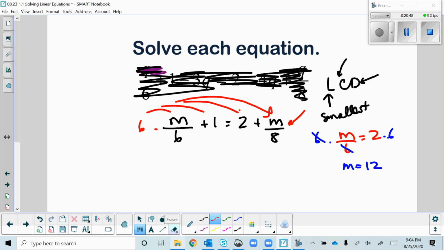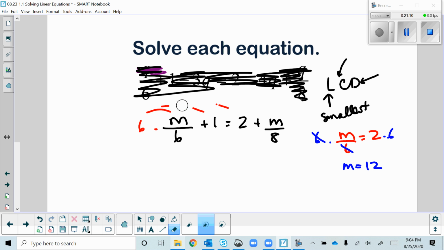So what we need is one number that will cancel the 6 out and cancel the 8 out at the same time. So we need a multiple of 6 and 8, or in other words, a number that 6 goes into and that 8 goes into.